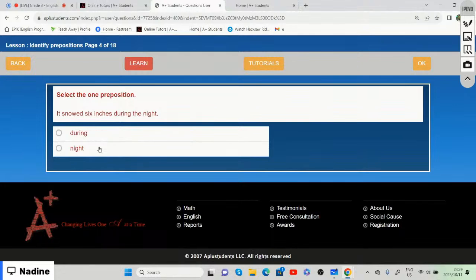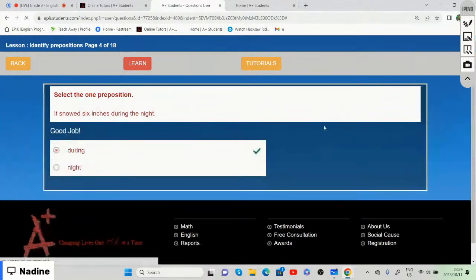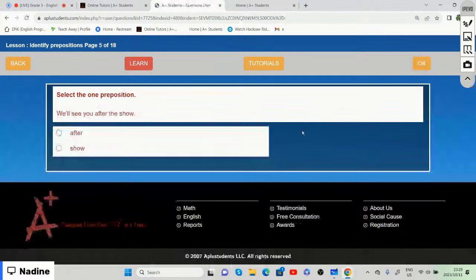All right, so if we select the one preposition, we will say it is during, because night is our object. And during is correct, so well done.